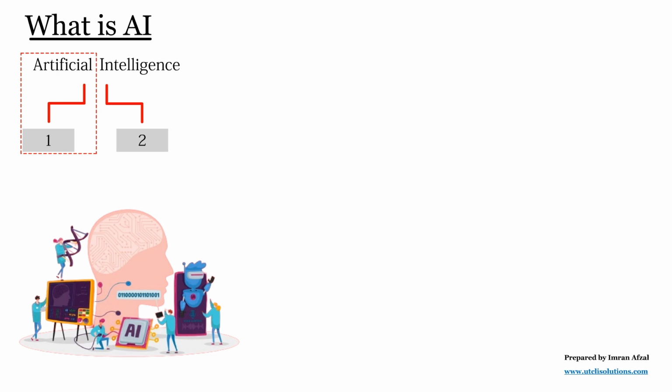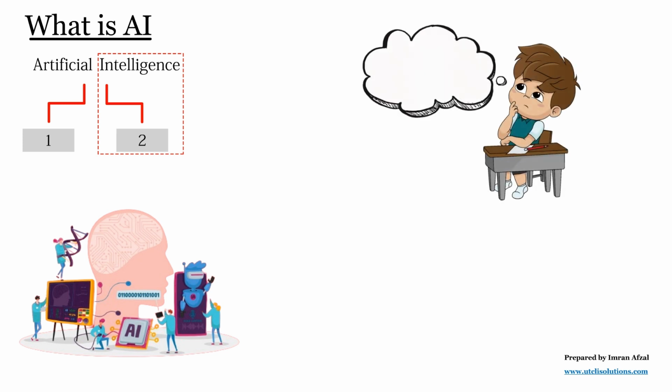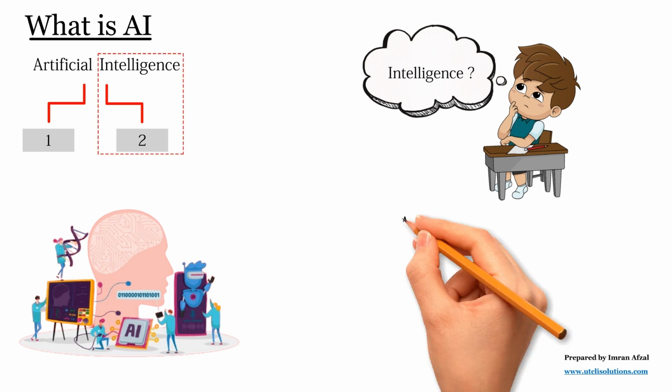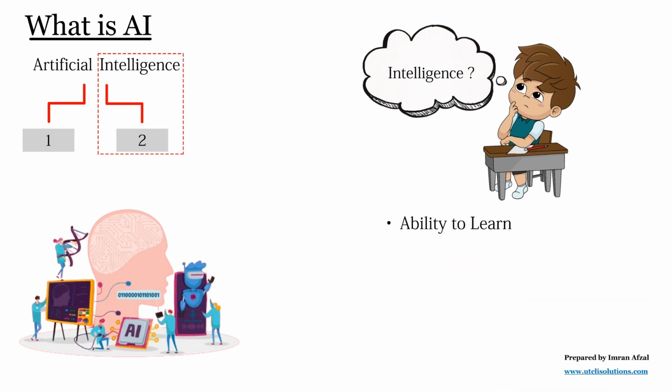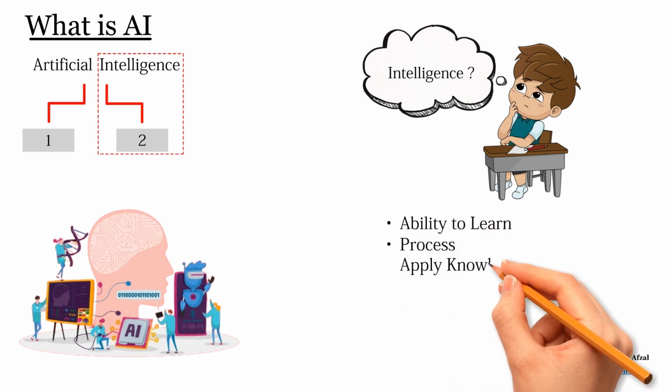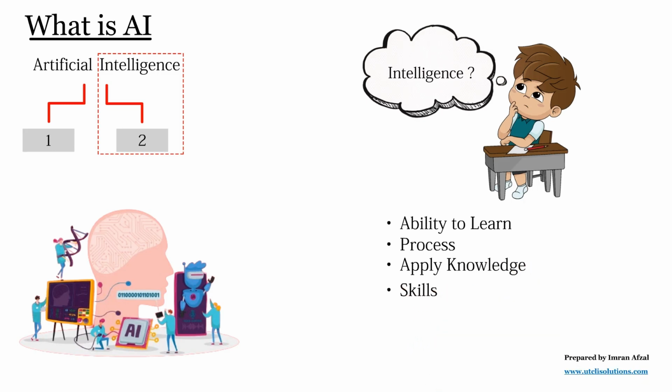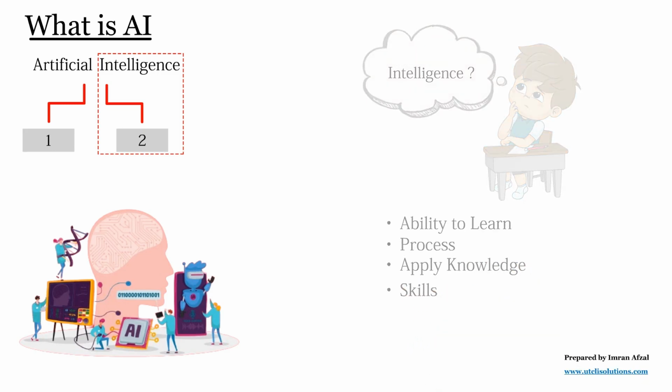Before I describe the term intelligence, I want you to take a moment and ask this question to yourself. What do you think of intelligence? Okay, let's check it out. In simple terms, intelligence is the ability to learn, process, and apply knowledge and skills to do your task and solve problems.